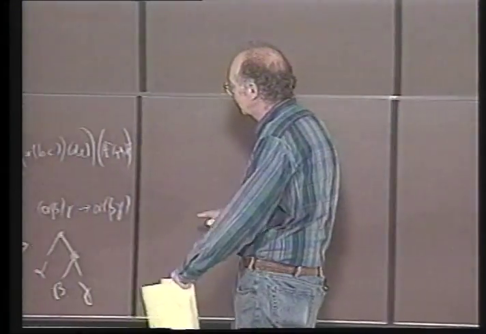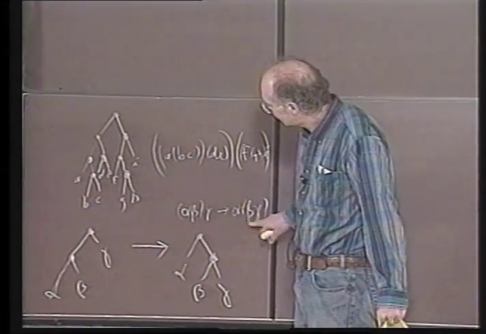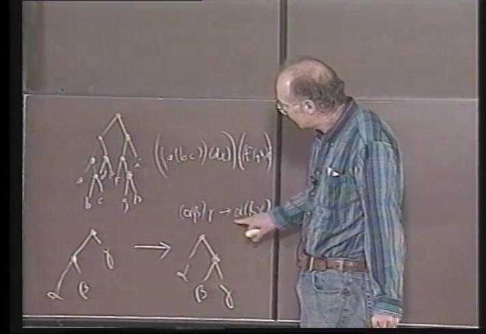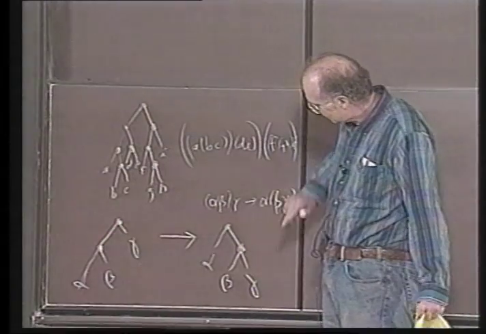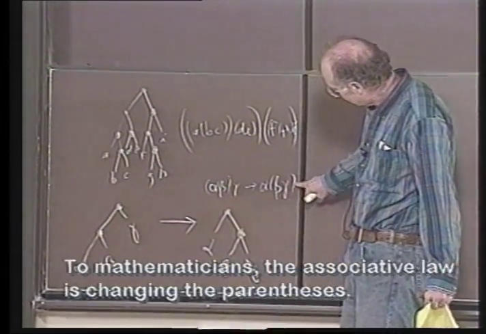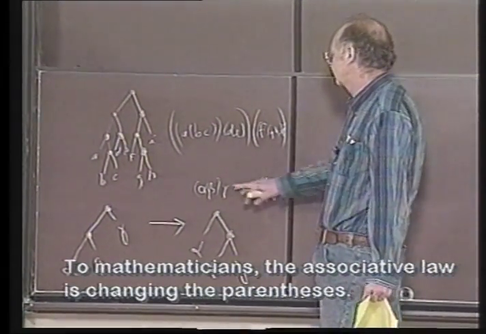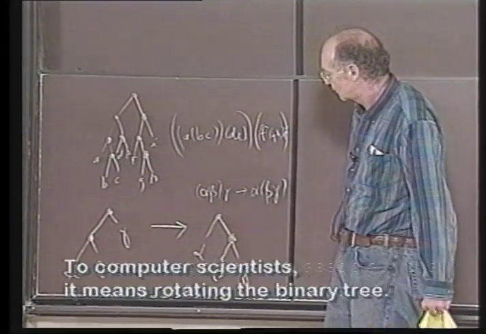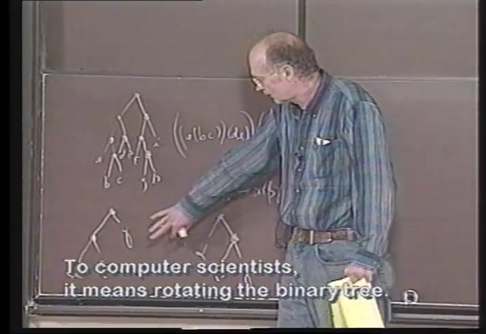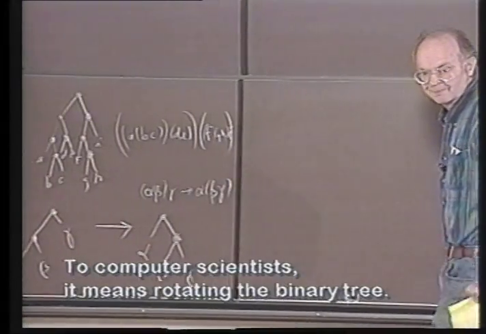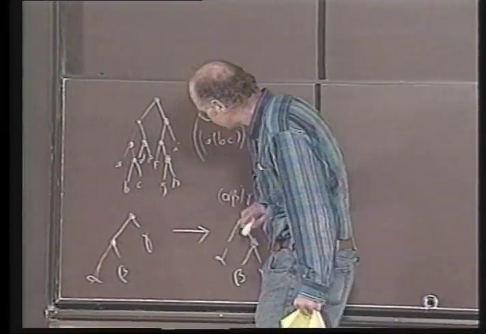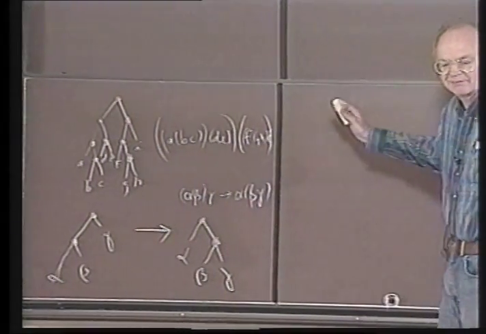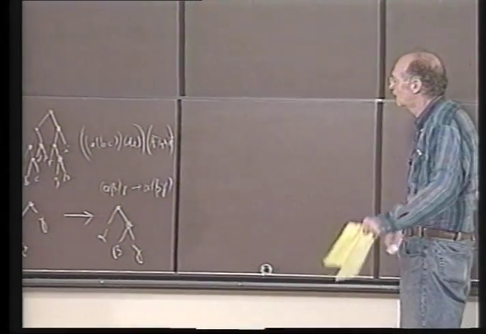The associative law is the application of changing a formula that has binary operators from this form to this form; to mathematicians that's the associative law, changing the parentheses. To computer scientists, it means rotating the binary tree. Now, I drew this as if the node on the top where the rotation is taking place is the root of the tree. It doesn't have to be true. You can do a rotation anywhere in the middle of a tree.